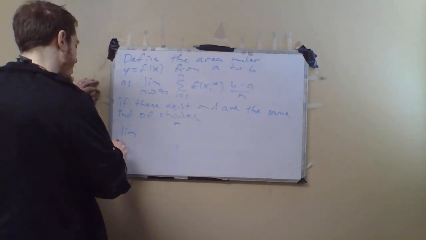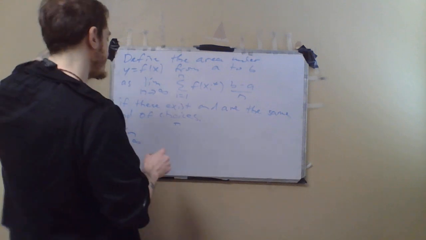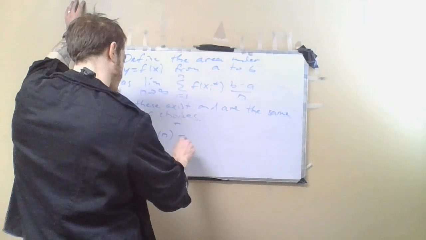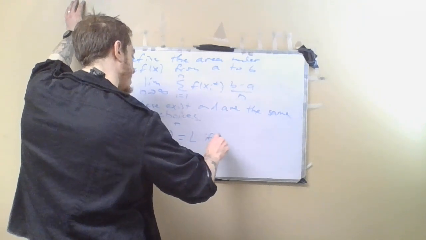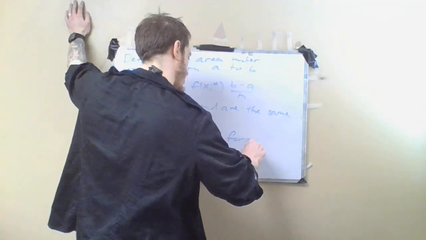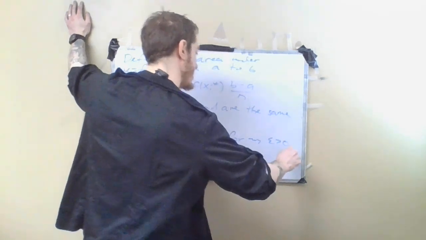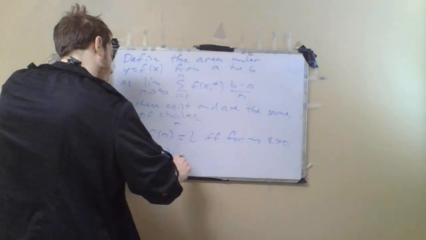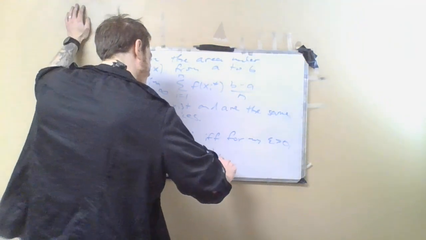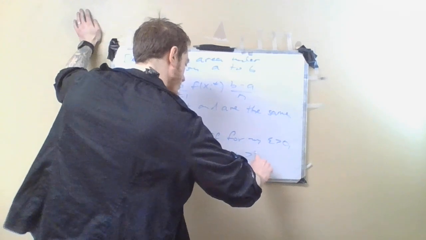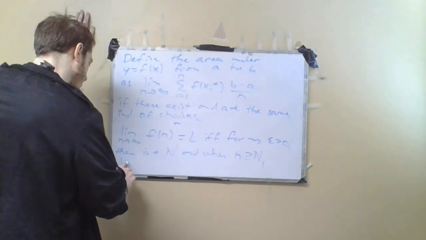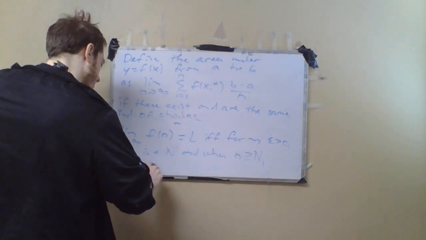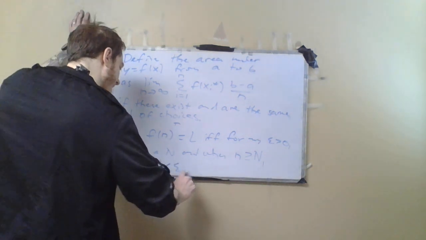So the limit as n approaches infinity of some f of n is equal to L if and only if for any epsilon bigger than 0, there is a capital N such that when little n is bigger than or equal to capital N, the absolute value of f of n minus L is less than epsilon.